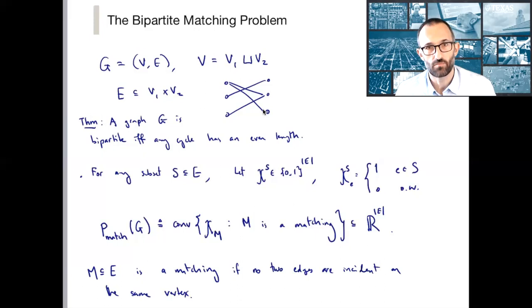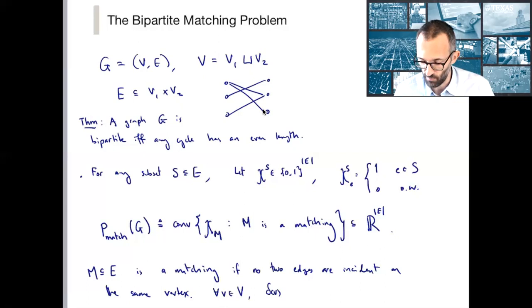So I can write this in the context of these incidence vectors chi M, and I could write this as follows. If I have any vertex v, I can look at the collection of edges that are incident to it and write that as delta of v, all edges that touch it.